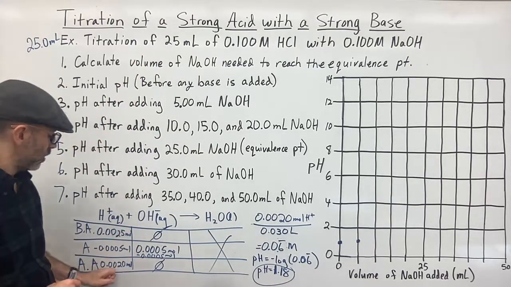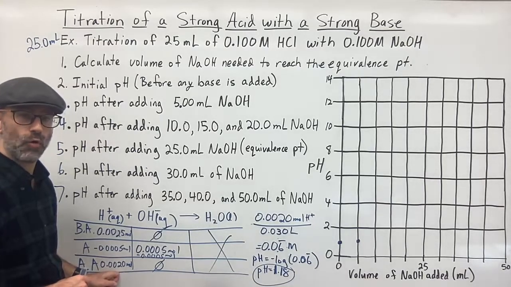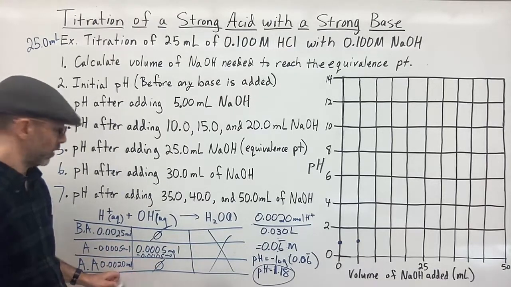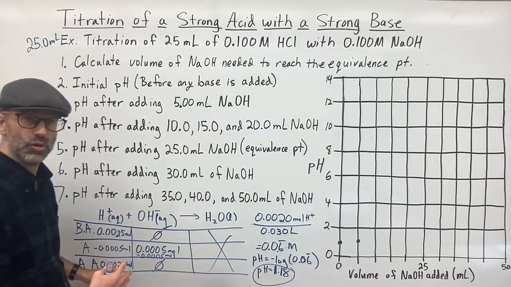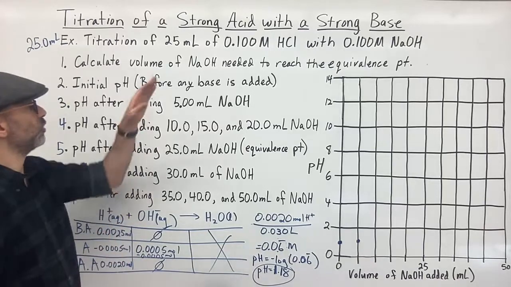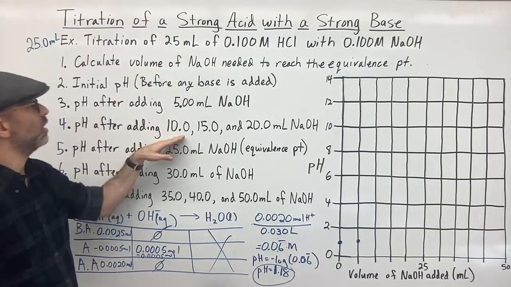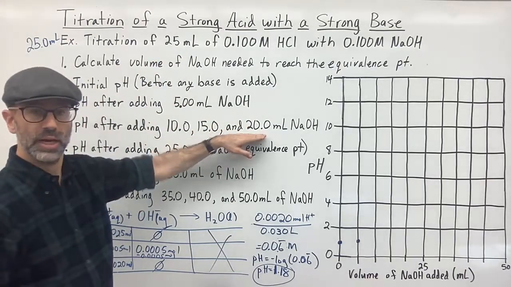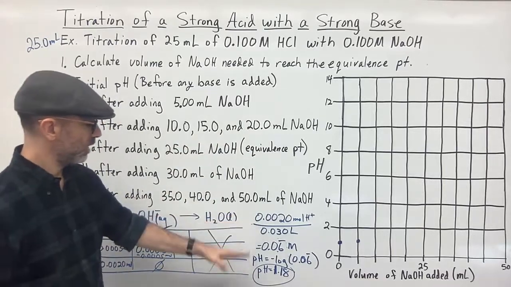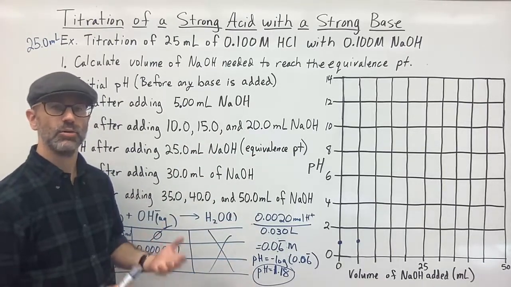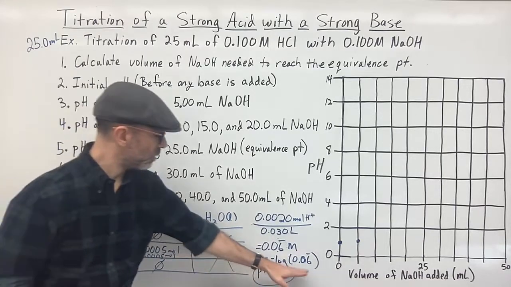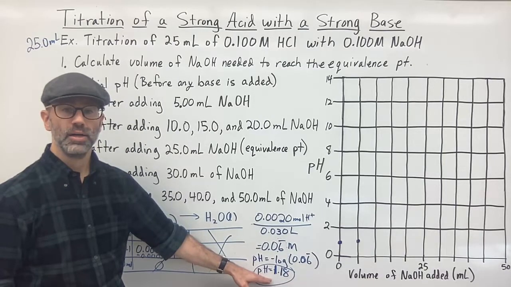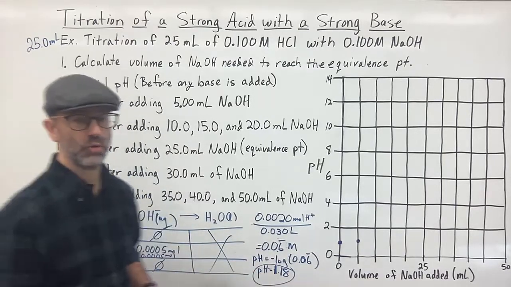So whatever number of moles of H plus is left over after you subtract out the reacted NaOH moles, you divide that by the new volume, which would be 35 milliliters for the 10, 40 for the 15, and then 45 for the 20 milliliters. And then once you've got the concentration, you put that into pH equals the negative log of the H plus concentration, and that's going to give you the new pH.